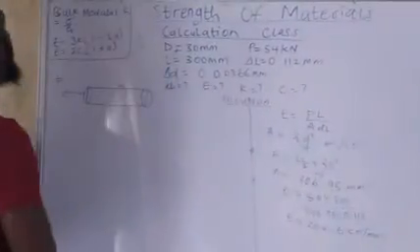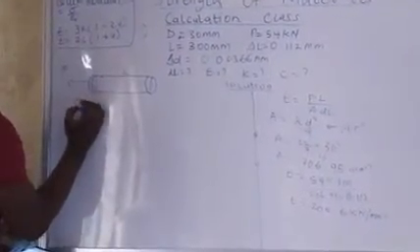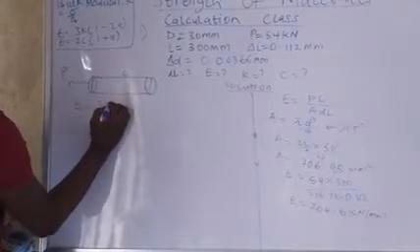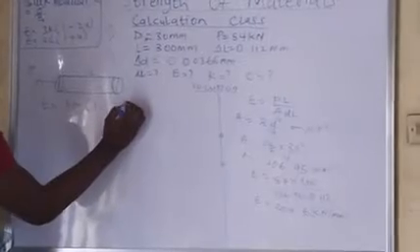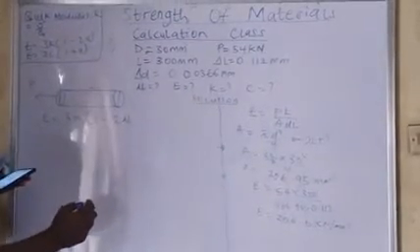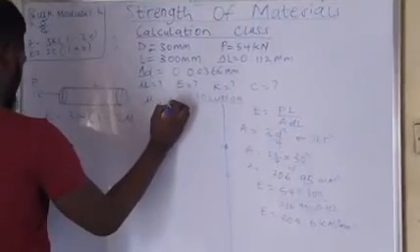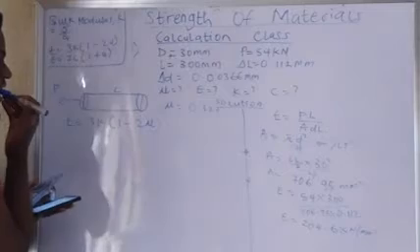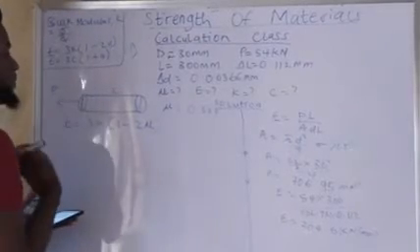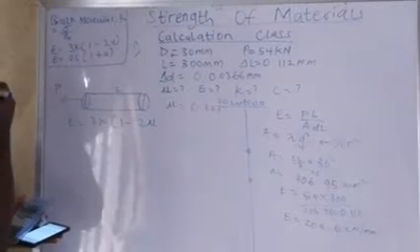Now that takes us to the new formulas I introduced today, which is E equals 3K times 1 minus 2 mu. And remember that we got mu as 0.327.